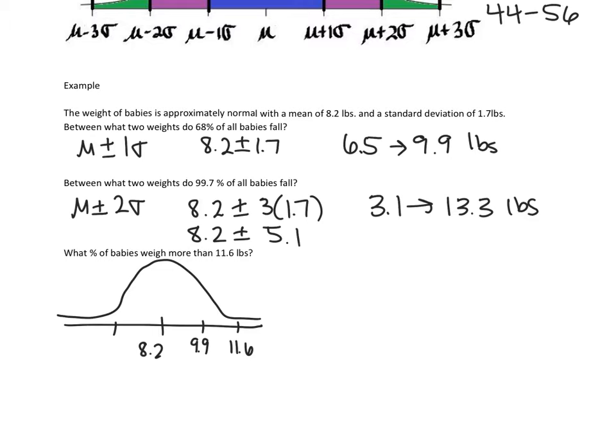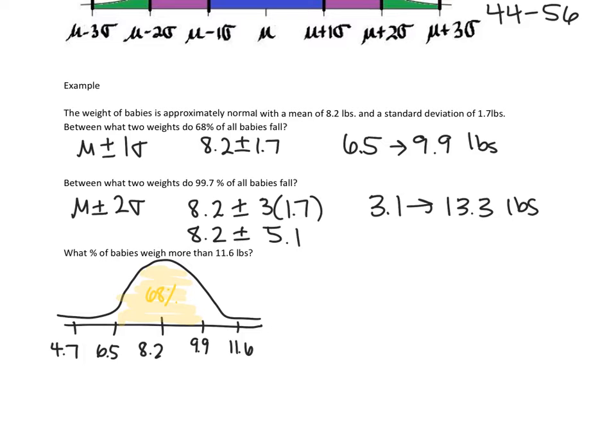So 1 standard deviation below is 6.5. 2 standard deviations below is 4.7.